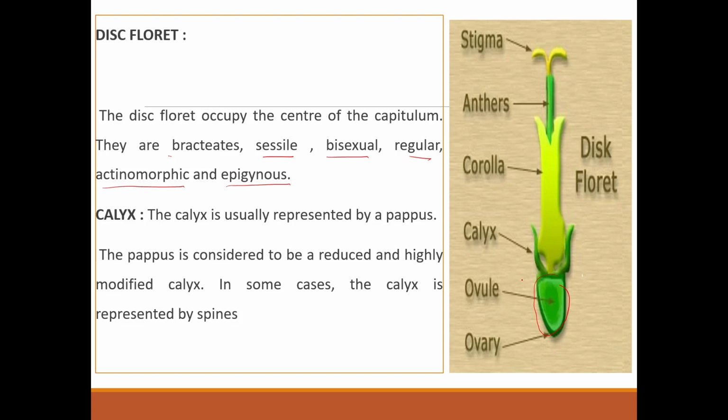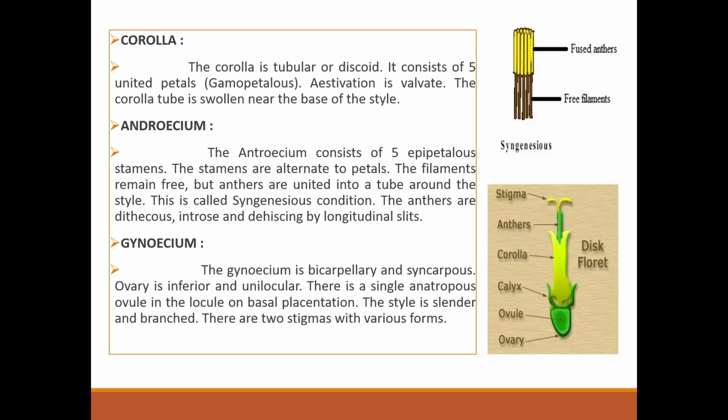The calyx is usually represented by the pappus, the hairy structure, which is a reduced and highly modified calyx. In some cases, the calyx is represented by only a spiny structure.